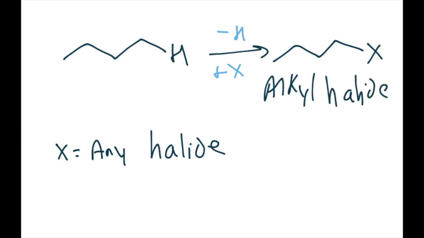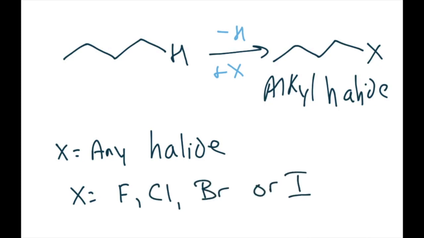X is going to be fluorine, chlorine, bromine, or iodine. Just like R is any carbon chain, X is any halogen.